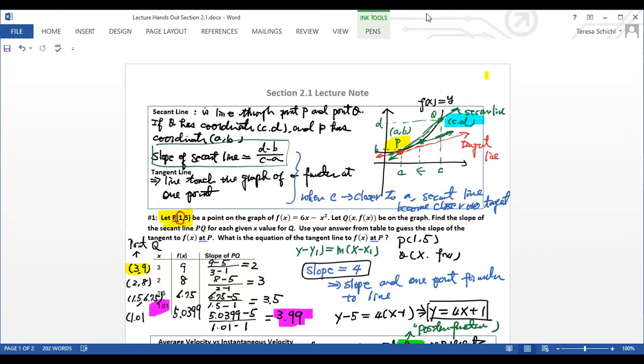I hope our first lecture gives you a good understanding of the tangent line and the secant line, because later when we derive the limits and the derivative, we will definitely go back and revisit this again.